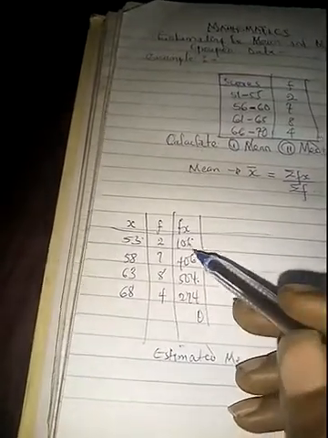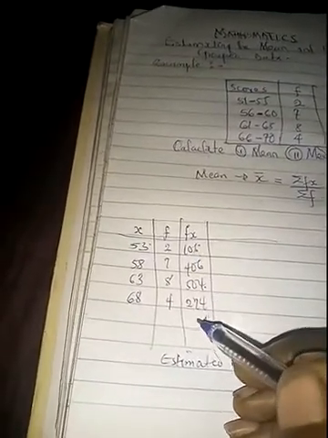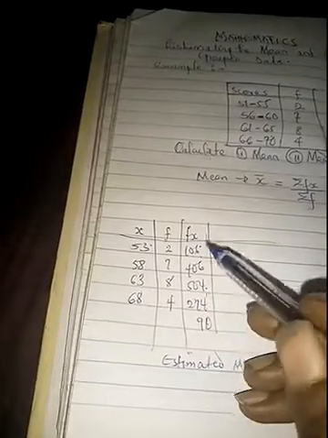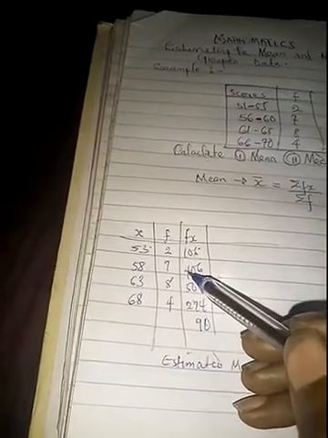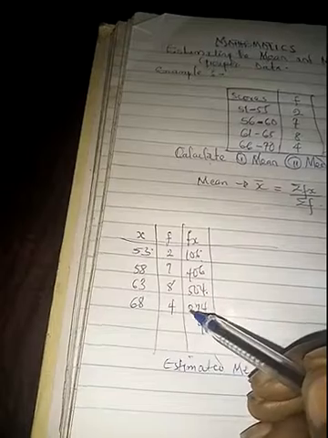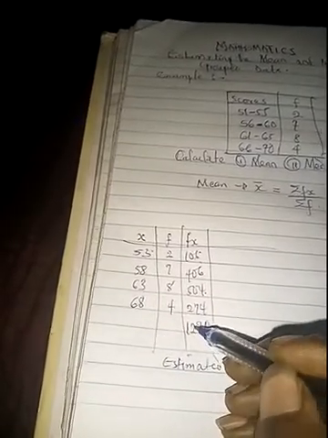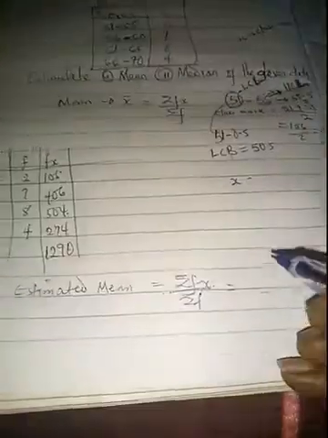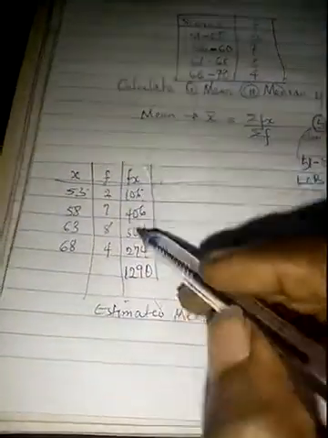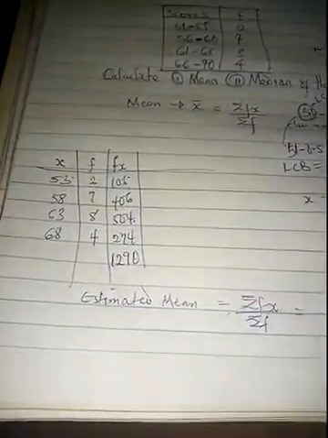Write 0 and carry 2. Then 2 plus this 7 here will be 9. And here we have 1, 4, 5, 10, and 12. 1290. So summation Fx, by the time we sum it up, we have 1290.